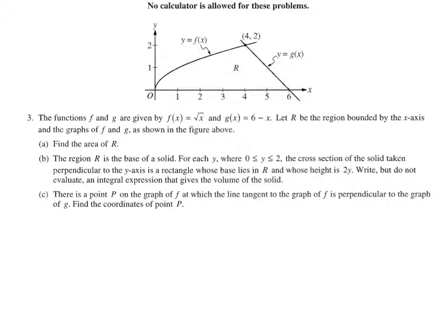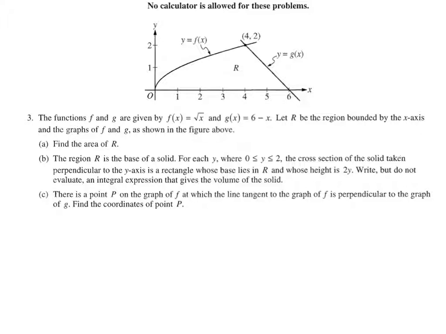Now the height is going to be 2 times the y value. Okay, so the base of my rectangle is just this. The height is 2y. So the volume here, or the area formula, is going to be 2y times whatever expression will give you that length right there.